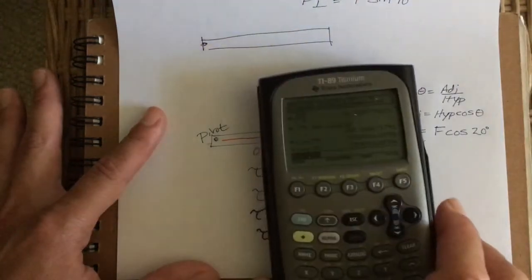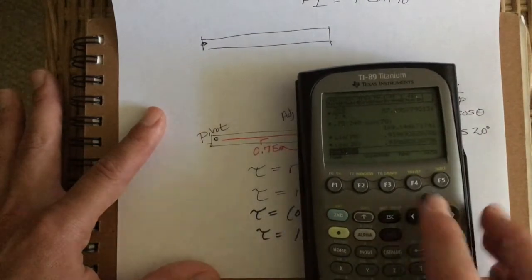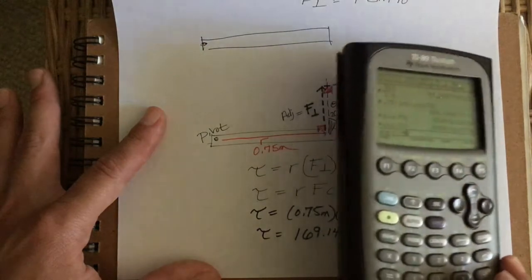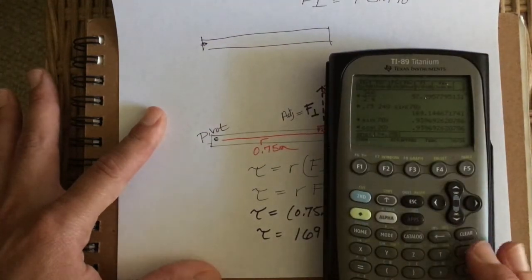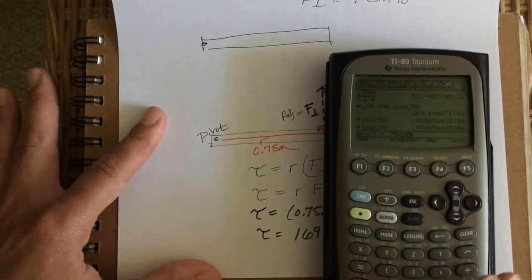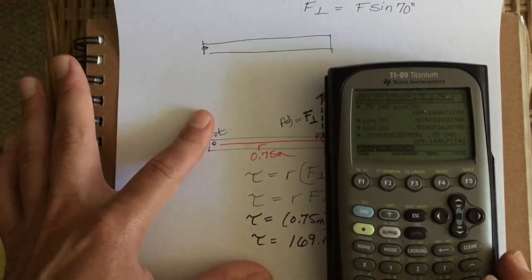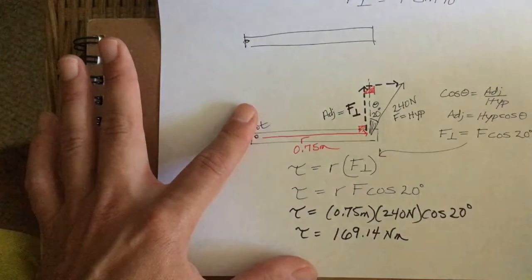And I can go ahead and do it just to prove it. So I already have cosine 20 in there. Just hit answer multiplied by 0.75 times 240. And I get 169.14 Newton meters.